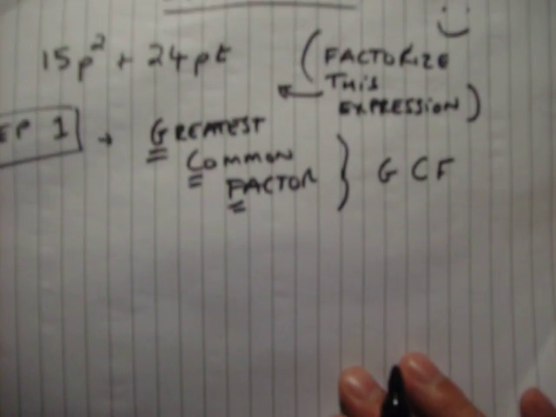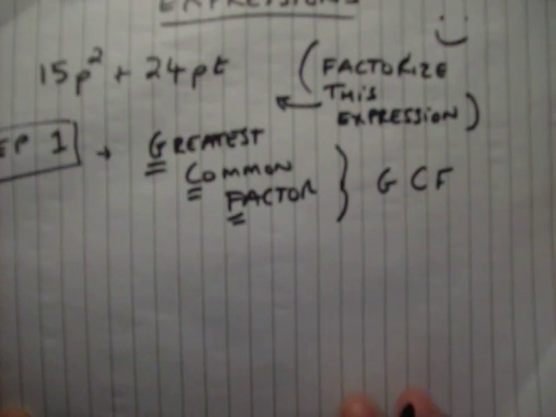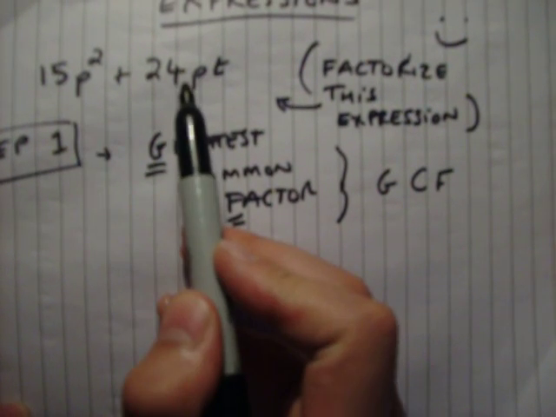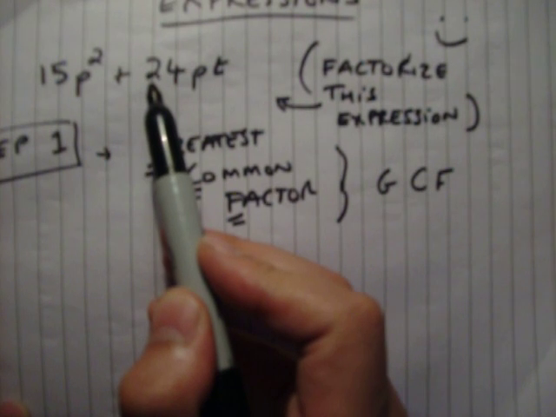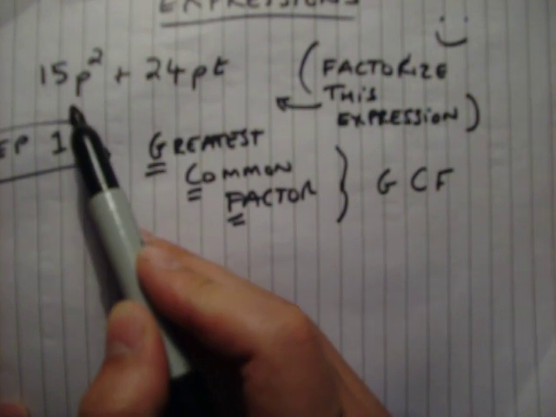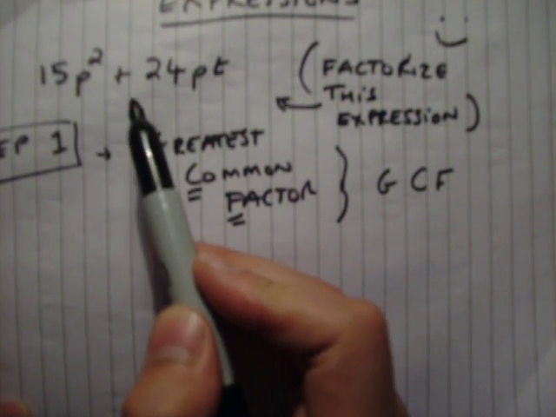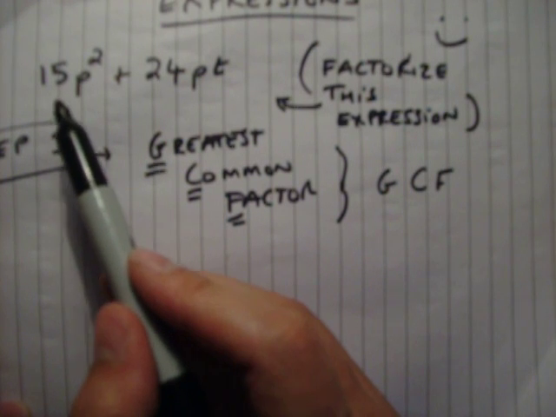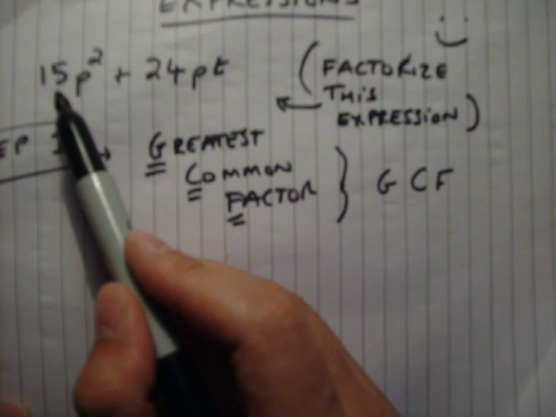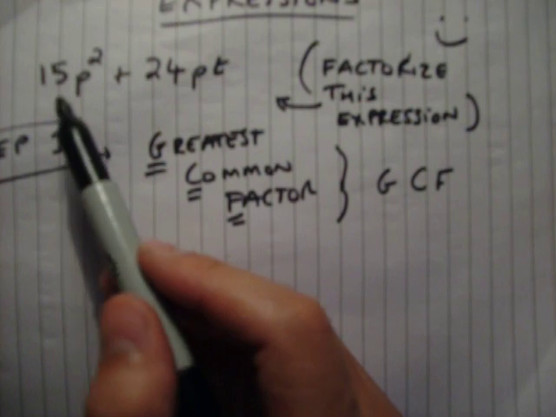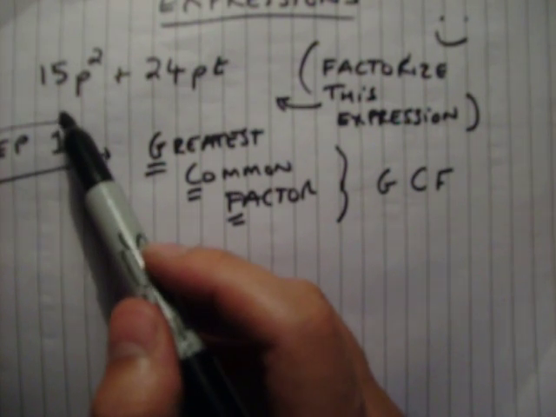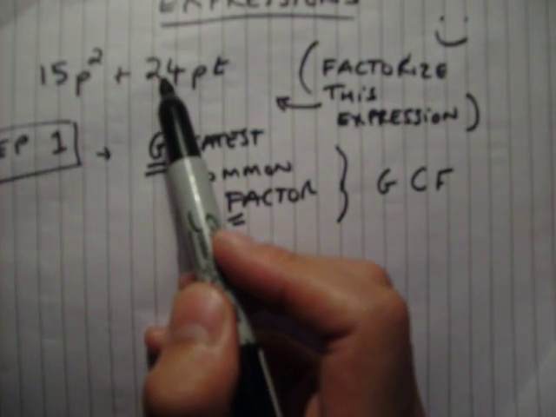Let me move this up a little bit. So in 15p, 24p, what goes into both? If you do your times table, you should find out that 3 goes into 15 5 times, and 3 goes into 24 8 times.